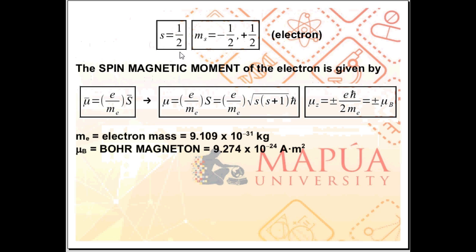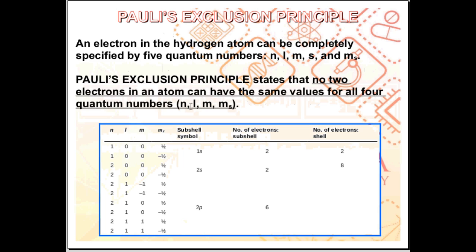So it doesn't matter what electron in the atom you are looking at, s will always be equal to 1/2. But for n, l, m, and ms, the combination of these quantum numbers, no two electrons in an atom can have the same values for all 4 quantum numbers. So we can identify a specific electron by these 4 quantum numbers.